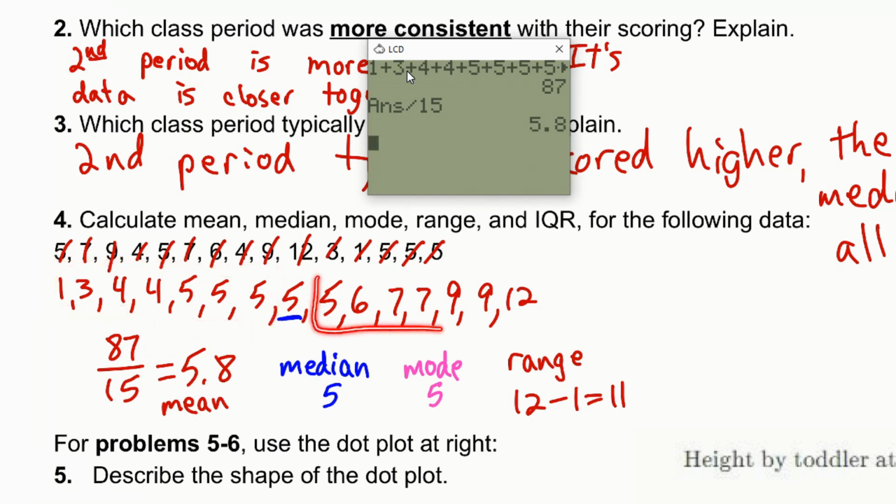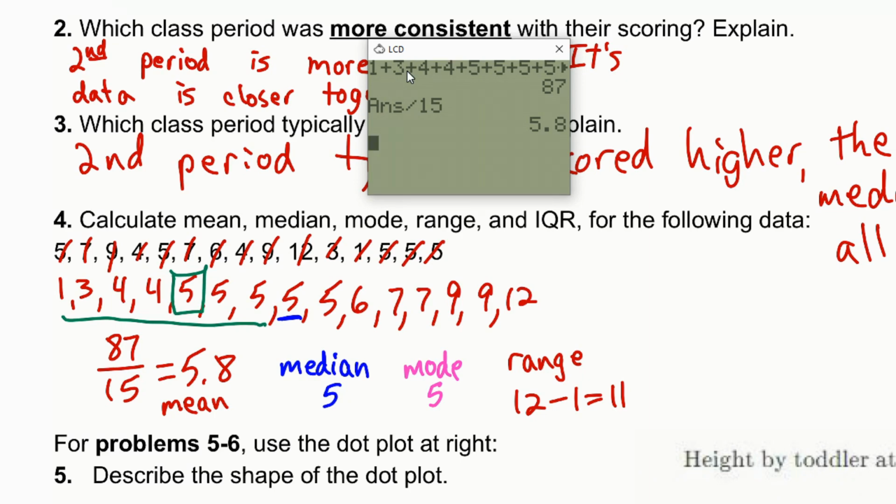Then we look at the top half of data and find the median of that. Here we have 7 data points, so the fourth one will be our 25th percentile.